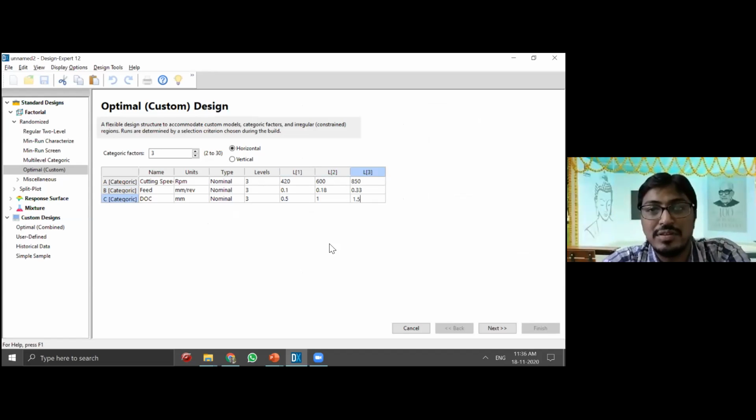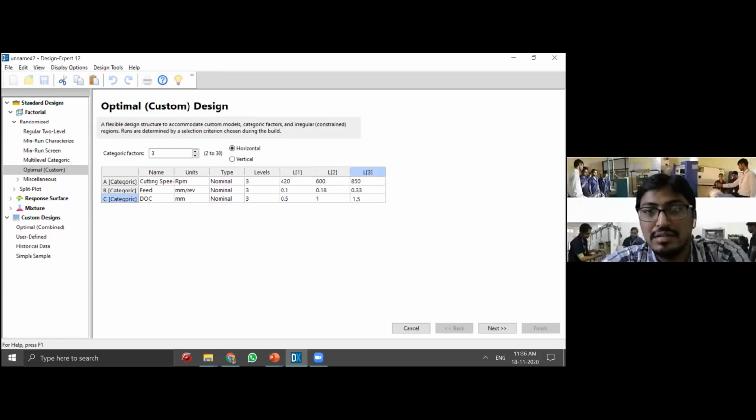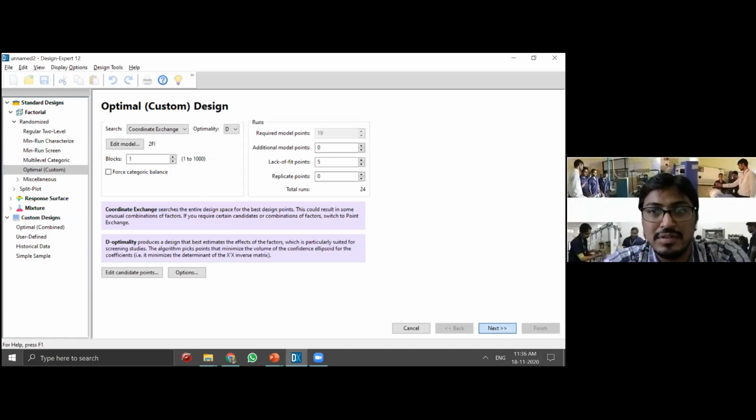So once I have mentioned all the levels and the factors, let us go for next.